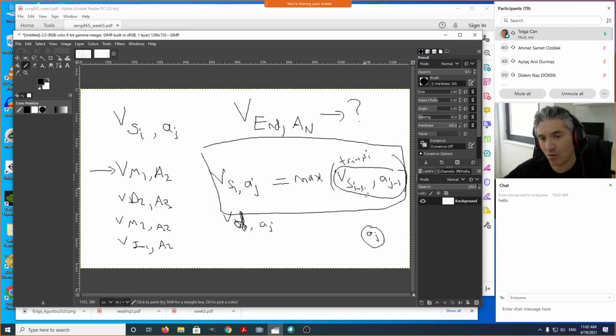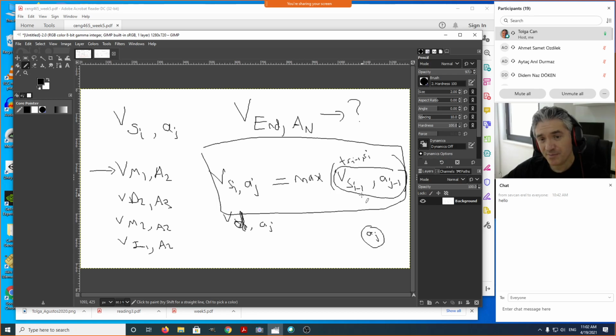If a state cannot precede Si, the transition probability from Si minus 1 to Si will be 0, so we will have 0 in this max term, which means it's never going to be selected. Since we are multiplying probabilities, we only have positive values for non-zero probabilities.